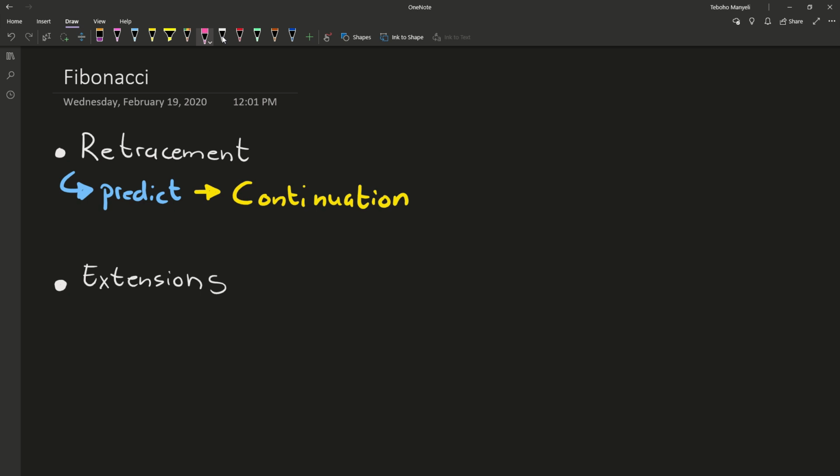So expansions help you predict when the market is about to change direction of trend, or what we call reversals of trend. So reversals.